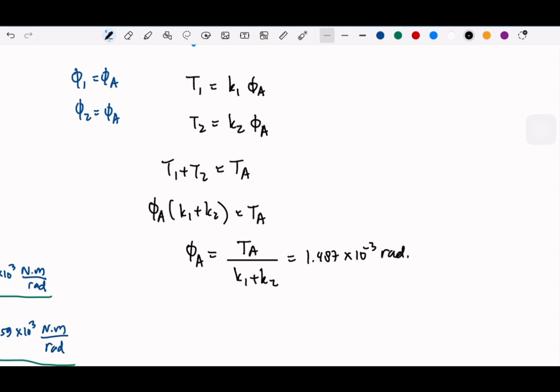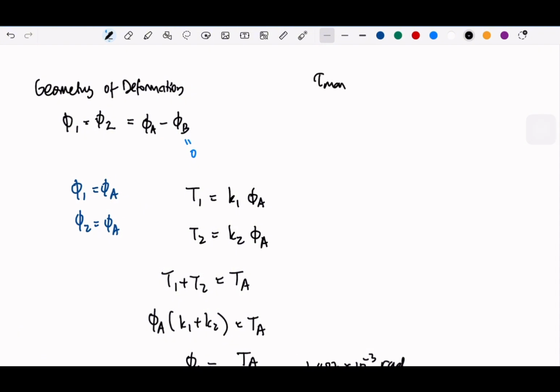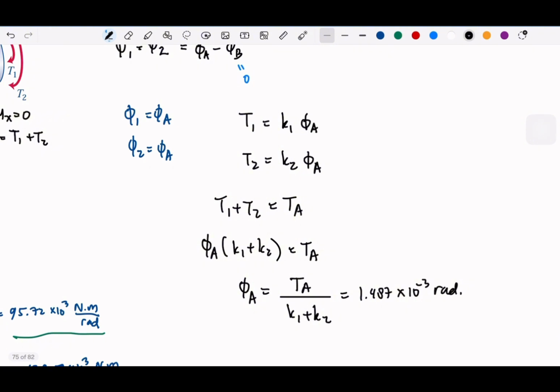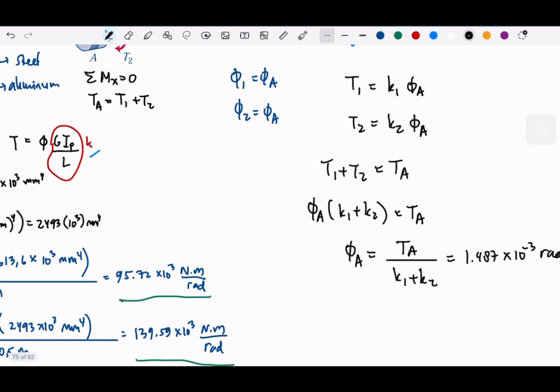And then the maximum shear stress for steel and for aluminum. Since we know that tau max for steel will be T1 and the radius 1 divided by the inertia for steel, we can input all this stuff here.